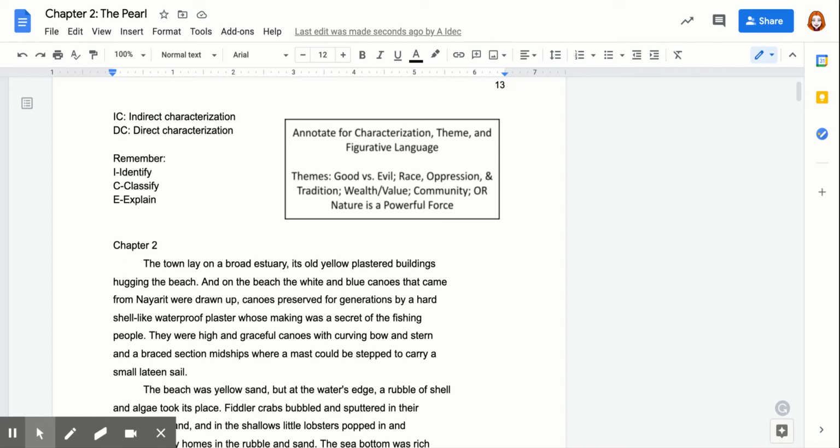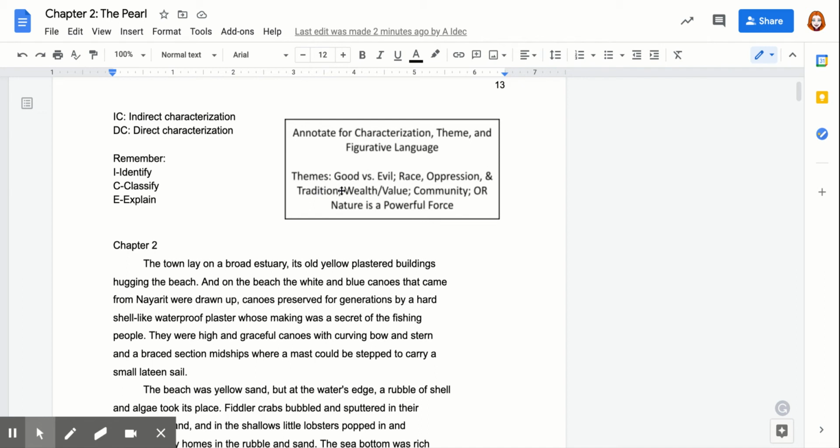So in this case, the Spaniards oppressed Kino's people, and this started all the way at the beginning of the colonization of Mexico. So think about some of the ways that Kino's people, as we read through the story, have been oppressed by the doctor's people, the Spaniards, not having the same opportunities as the Spaniards have in Mexico.